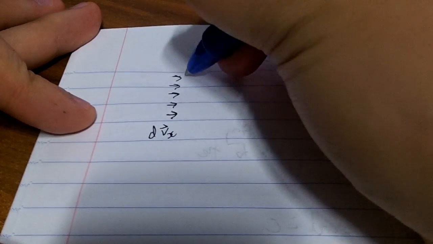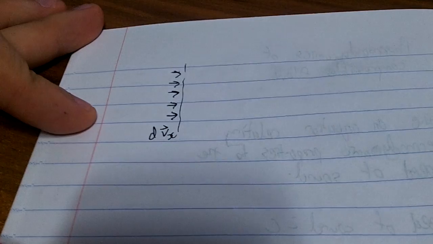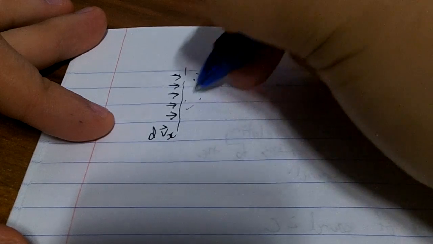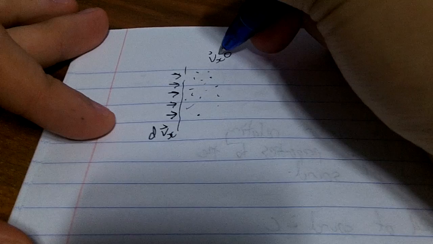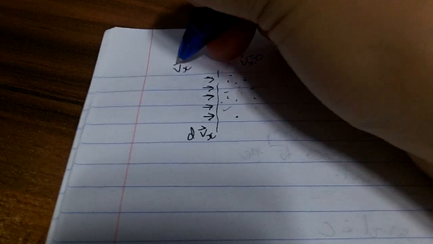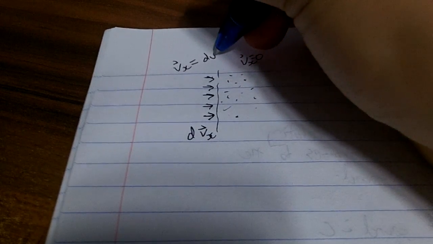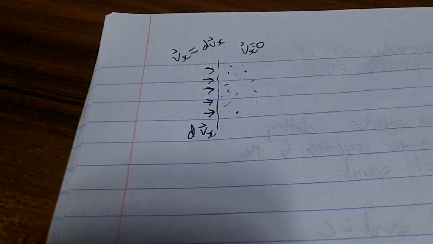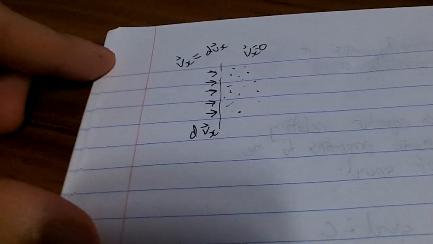Let's say we have that little change in velocity again, and this is the boundary where the air to the right of this boundary is actually still, and the air to the left of this boundary is actually moving at dvx.